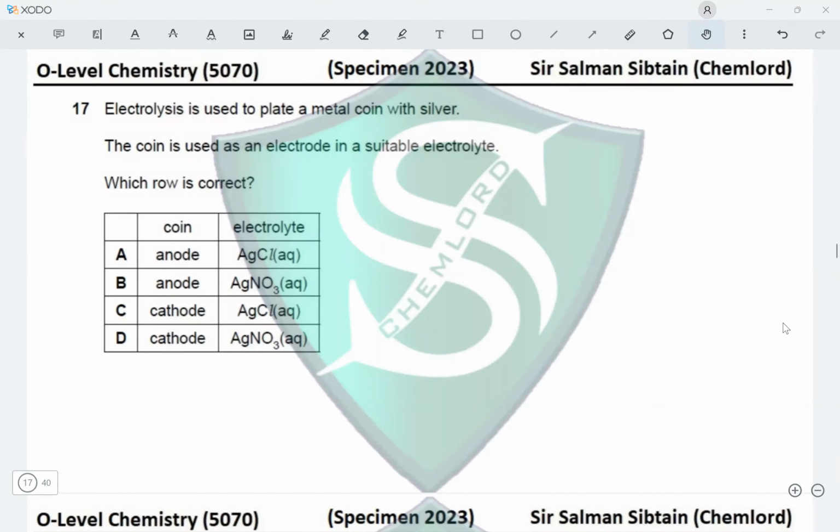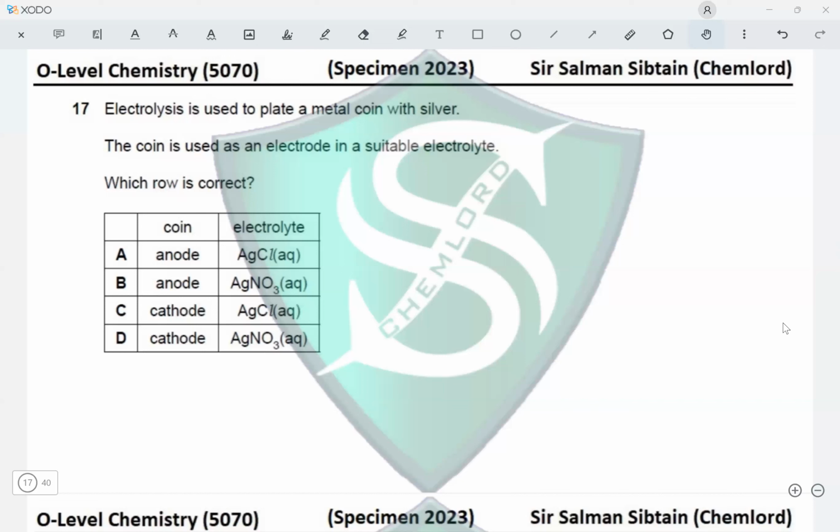Question 17. Electrolysis is used to plate a metal coin with silver. The coin is used as an electrode in a suitable electrolyte. Which row is correct? Okay, so the first thing is, it's not a silver coin, it's a metal coin that is being plated with silver. So a reduction has to take place on the surface of the coin in order for the silver metal to deposit.